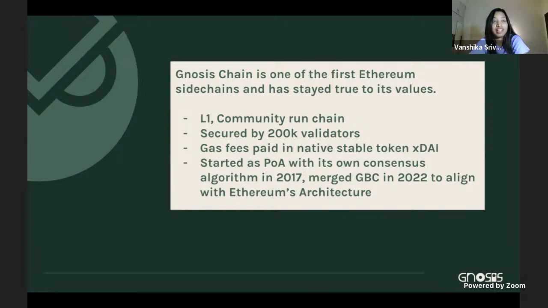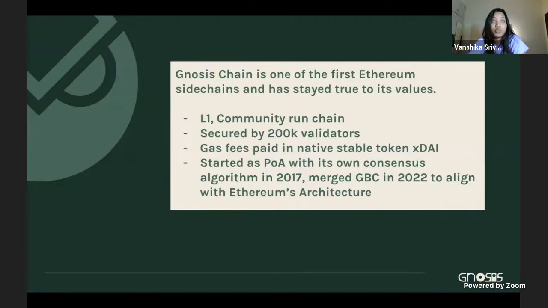You require just one GNO to run your own validator node, which is pretty cool. Another very cool thing about Gnosis Chain is that it's the only L1 chain which allows you to pay the gas fees in its own native stablecoin, which is the xDAI token. We'll be talking more about how you can get the xDAI token if you're a developer, but that's one of the greatest features.